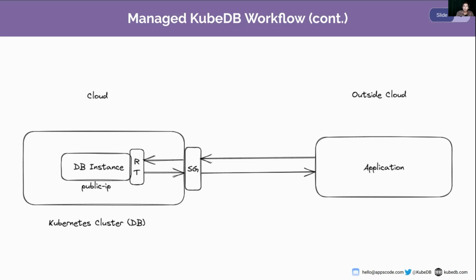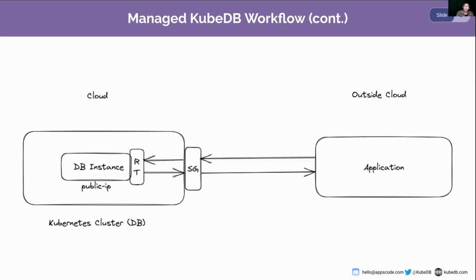Then maybe you will tell us about the IP whitelisting part, which IPs you are trying to access from, so you can maintain the access control. We are trying to take full leverage of the AWS networking firewall rules, like security groups or route tables. We'll configure those networking rules in a way that you can access your database only from your specified applications, according to your given IPs.